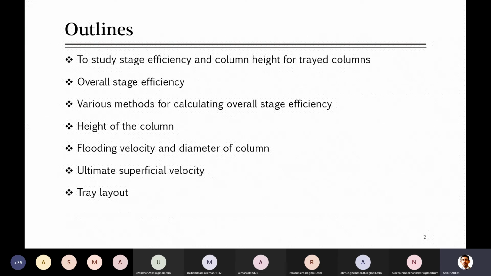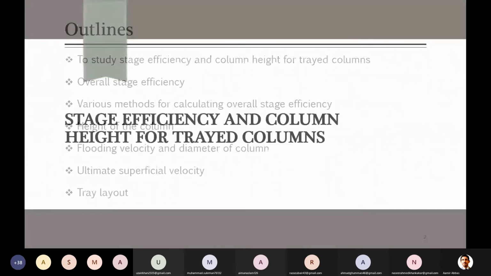These are the contents which we have to cover, and with this we will conclude the discussion of tray towers. After discussing all these things, hopefully we have covered all major design parameters of tray towers which are used for absorption or stripping.